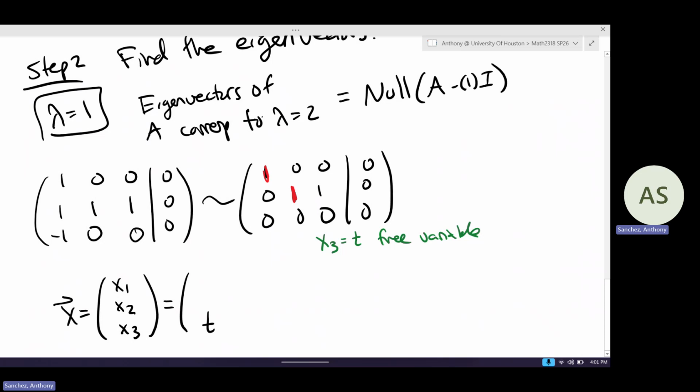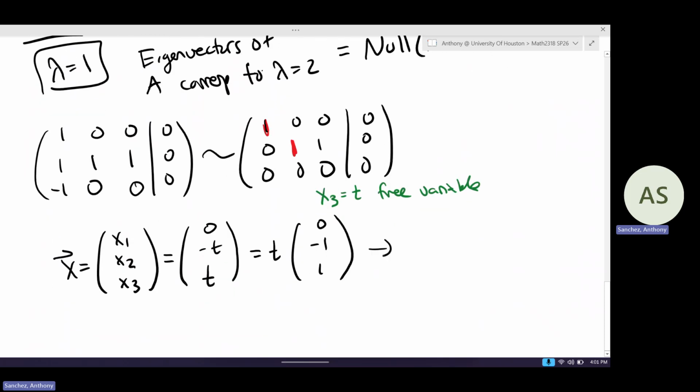X3 was t, x1 is going to be 0, and x2 is going to be negative t. I can take out the t part: 0, negative 1, 1. This tells me that 0, negative 1, 1 is an eigenvector for lambda equal to 1.